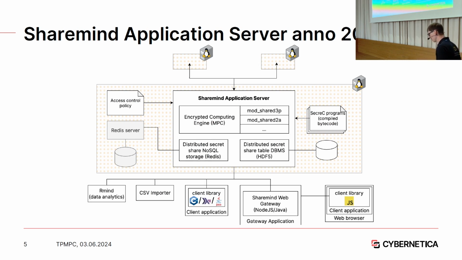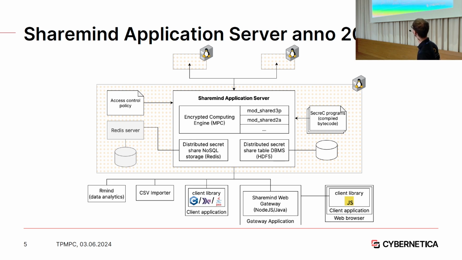Anyway, all of those deployments except the first one were done using Sharemind application server that we have developed for 13 years now. In the middle of it are the MPC protocols themselves, and we call those protection domains. A protection domain is basically a different type of MPC protocol collection or suite.